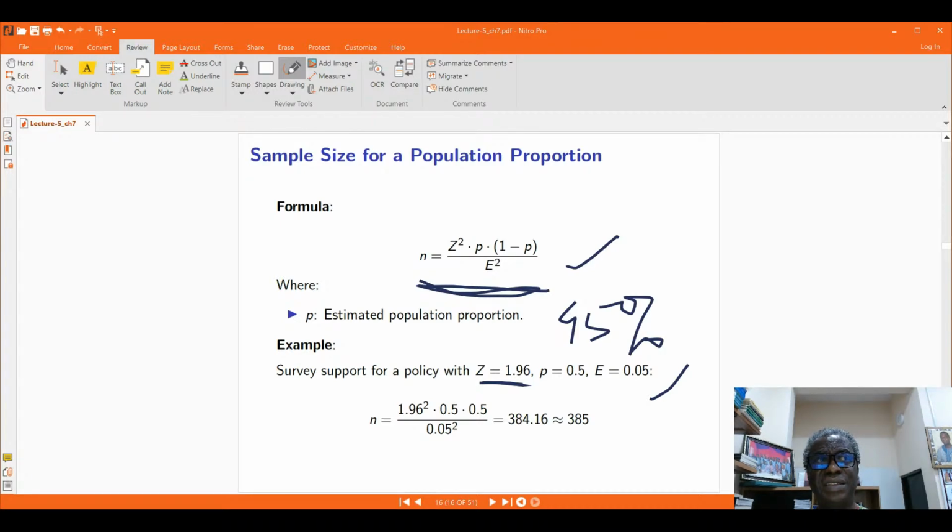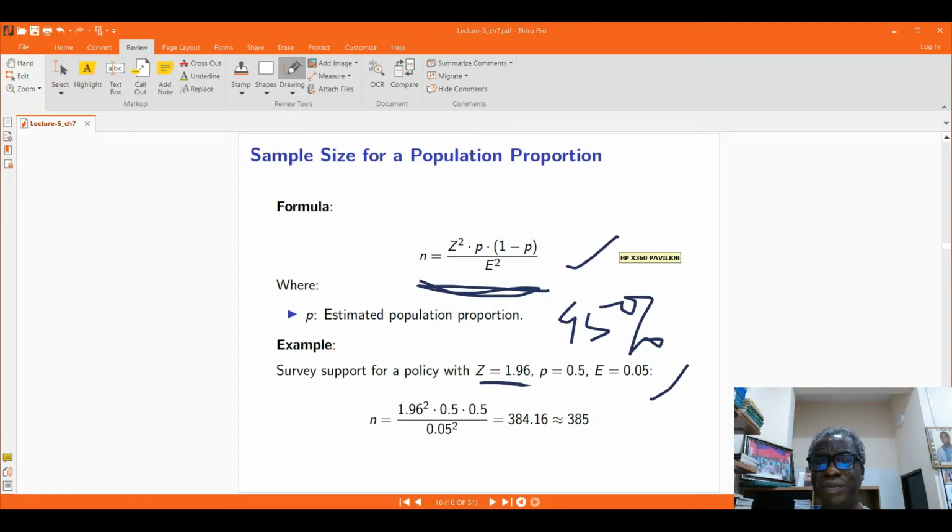Any sample size below this will give you inaccurate estimate of the proportion. It could be more if you take 500, for instance. Fine, that's good, but you will be spending more resources than necessary. That's the implication.